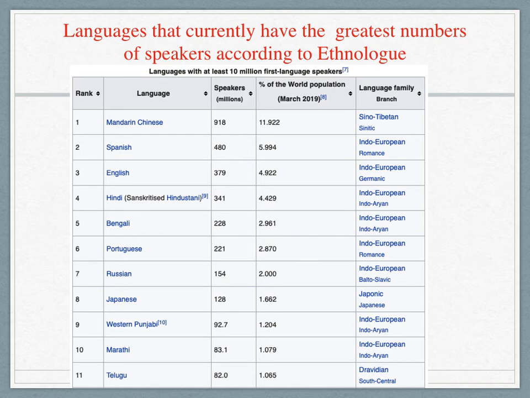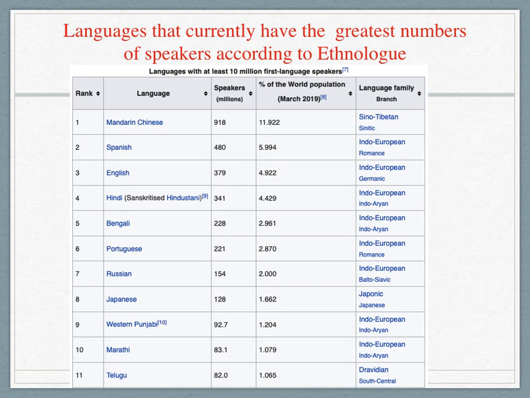Hindi is just one of them, but it does have the largest number of speakers. Bengali is another Indian language spoken in a different region. So these are huge speaker populations. Hindi and Bengali have some similarity, but these are separate languages that are not mutually intelligible.